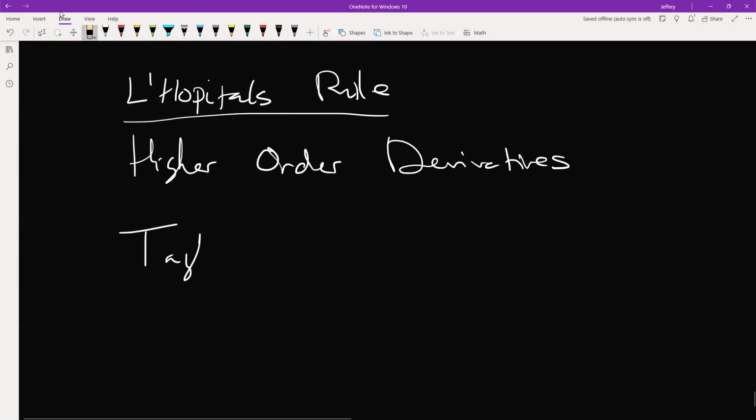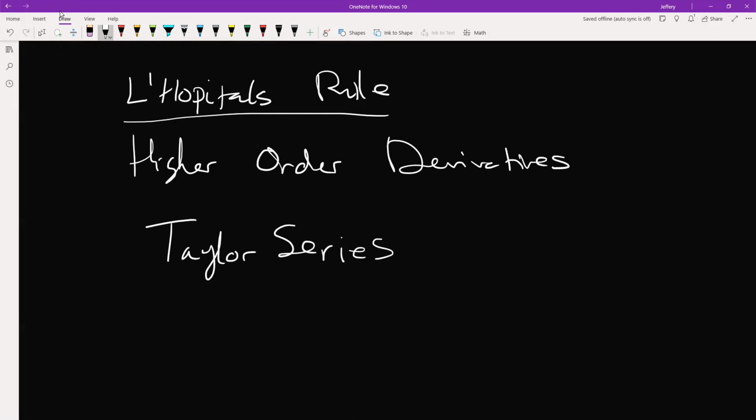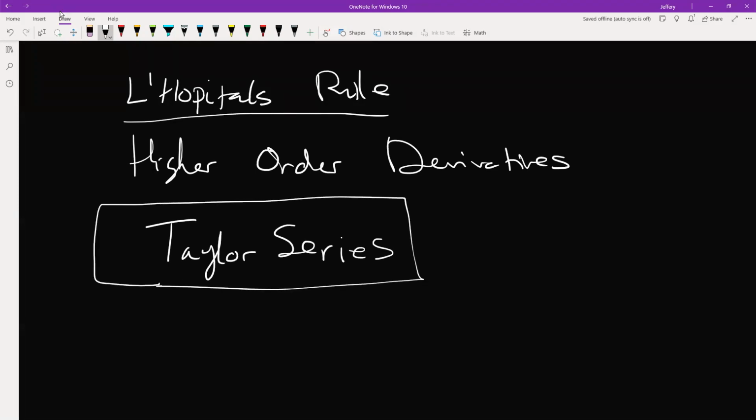Now the Taylor series is basically, in a real way, an extension of the mean value theorem. The mean value theorem is the slope of a tangent line. It's like one of the first couple terms of the Taylor series. I'll just leave it at that.